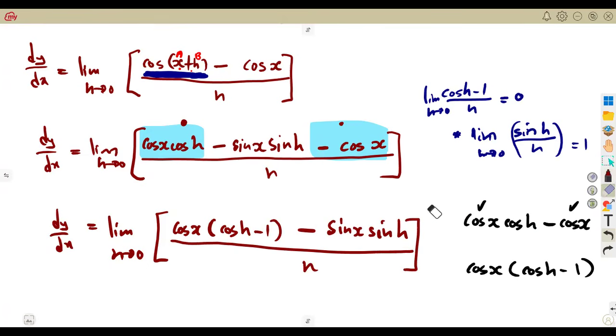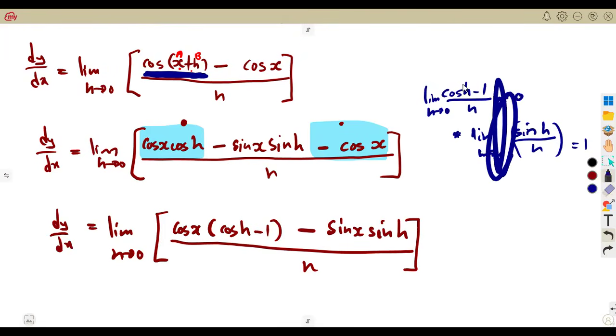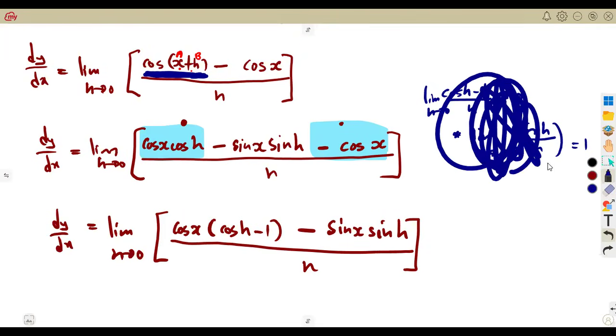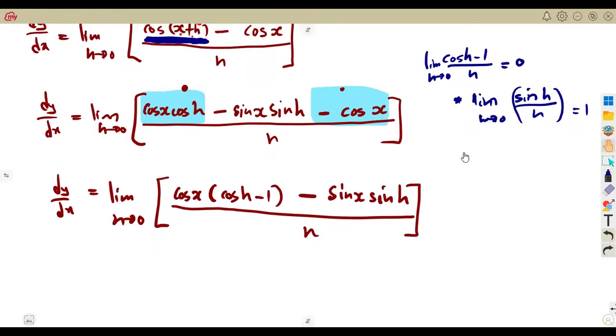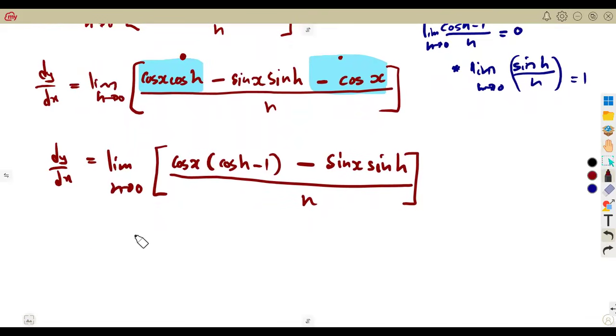So this is where you are. The purpose of this was for us to obtain these limits, because we are limited to this. If you use anything else, how are you going to take the limit? We can see that cos h minus 1 is there. So if we separate now the same way that we wanted to previously, now we are going to win.